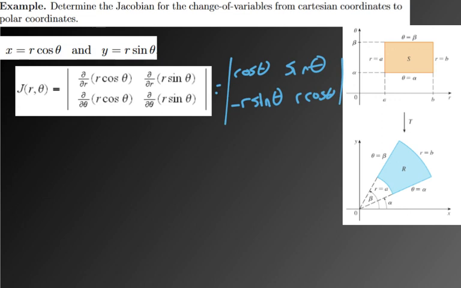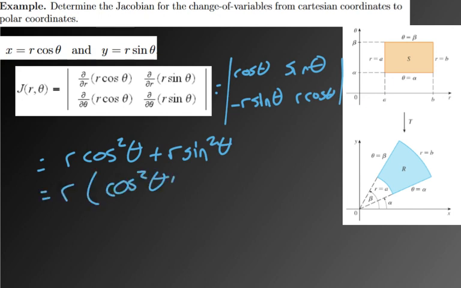And then now you can go ahead and do your 2 by 2 determinant. You would get r cos squared theta, and then we go minus a negative, so plus r sine squared theta, and then you take an r out, and you have a cosine squared plus a sine squared, and you get r.